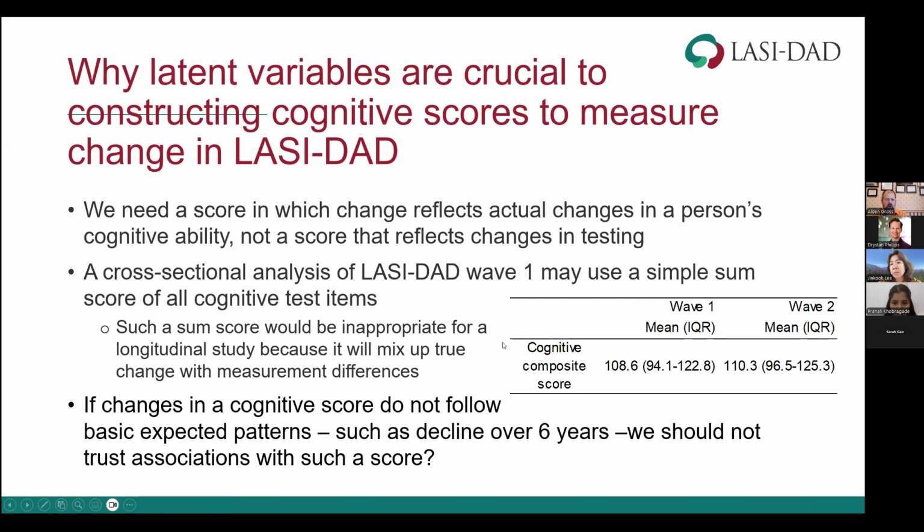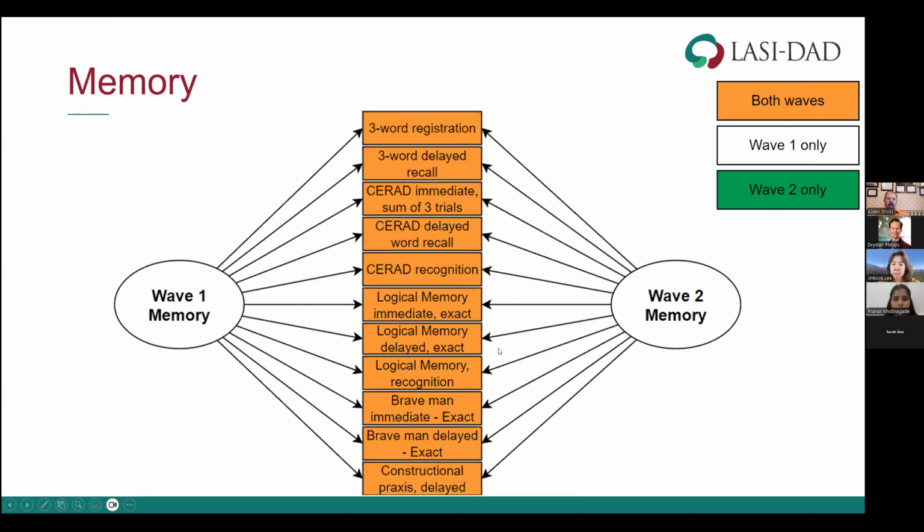So that's the goal of why we wanted to use latent variables. Now, this is a visual representation of a comparison of the LASI-DAD battery in wave one versus wave two for memory. Every test in the memory domain was consistent across both waves.